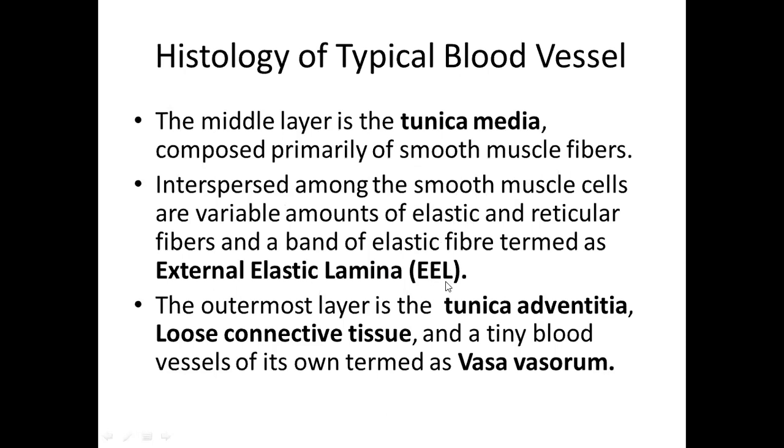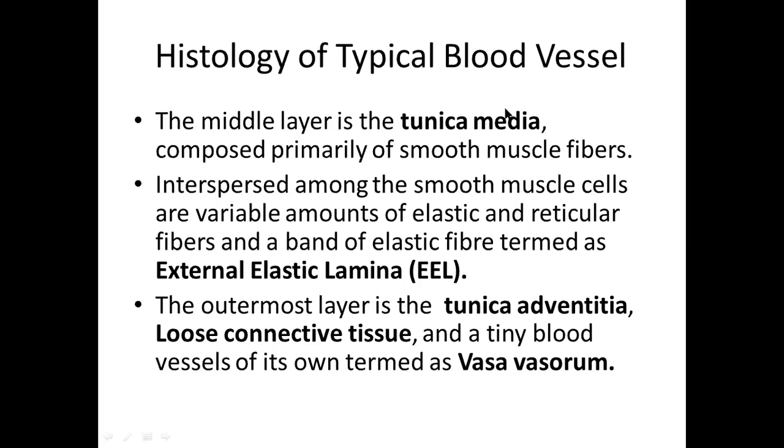EEL is the abbreviation used for this lamina. But to give you a basic concept, in most blood vessels, the internal elastic lamina is more prominently developed, more conspicuous than the external elastic lamina.